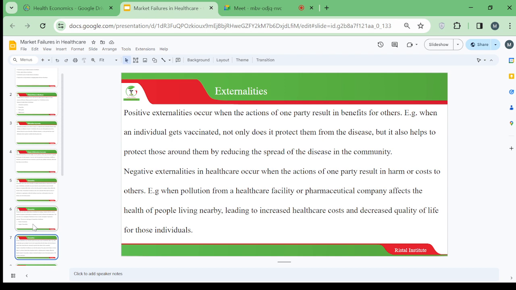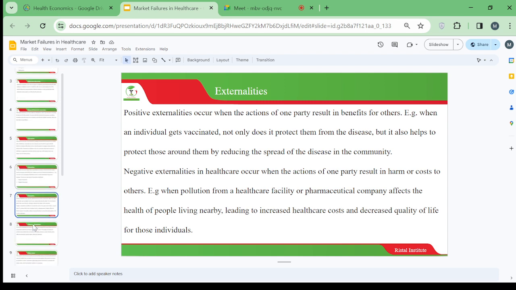So a negative externality can be when you have a healthcare facility or a pharmaceutical company that pollutes the environment. The people living nearby will be affected by this pollution, yet they are not actually part of the team that is working in the healthcare facility or in the pharmaceutical company. So that's a negative externality.